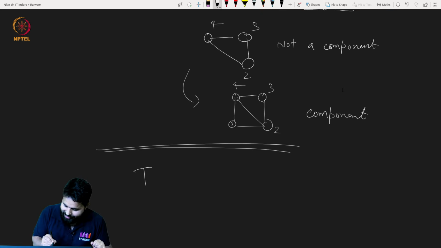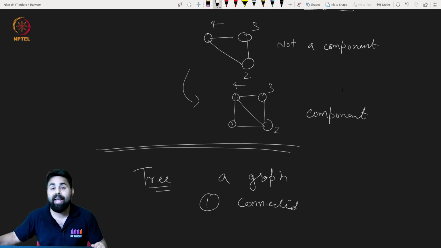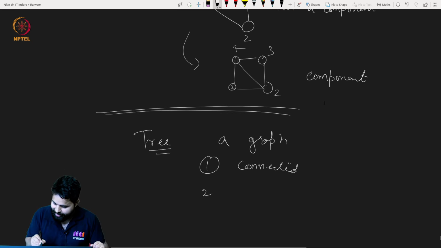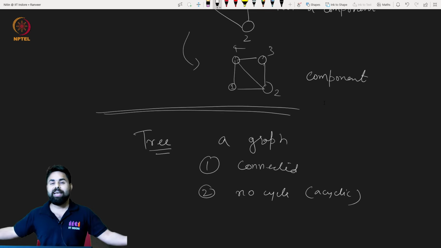So a tree is a graph which is connected and acyclic. There is no cycle, okay, so it has no cycle.